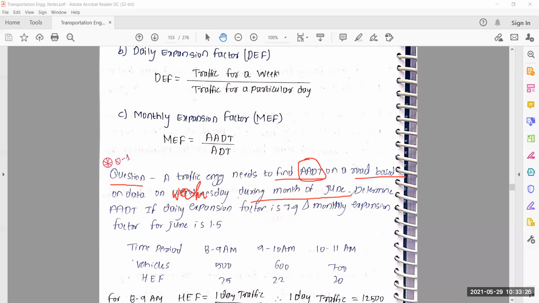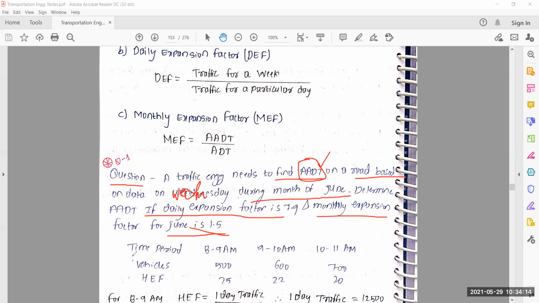Determine the annual average daily traffic if the daily expansion factor is 7.9 and the monthly expansion factor for a particular month, that means June, is 1.5.